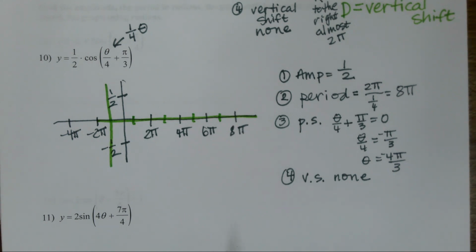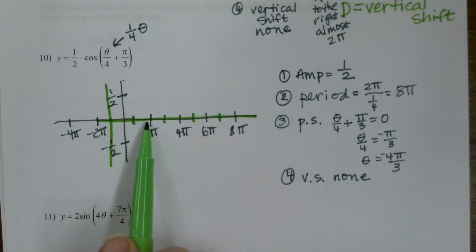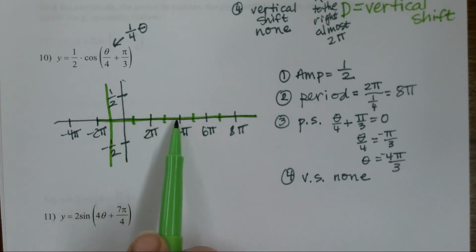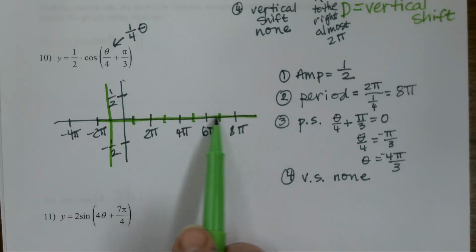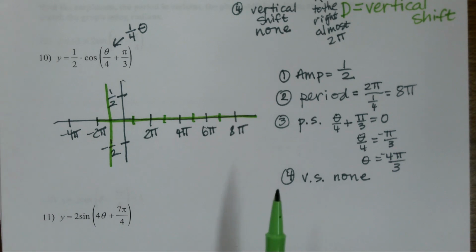So I have one between negative 2 pi and 0, one between 0 and 2 pi, one between 2 pi and 4 pi, one between 4 pi and 6 pi, one between 6 pi and 8 pi. That gives me 1, 2, 3, 4 additional tick marks from my main axis.